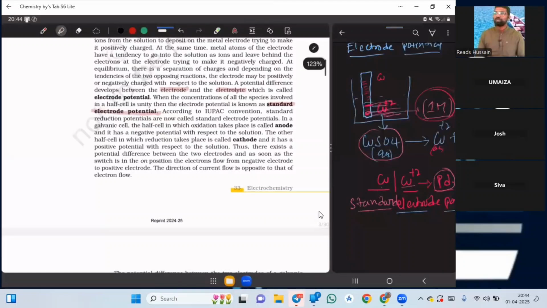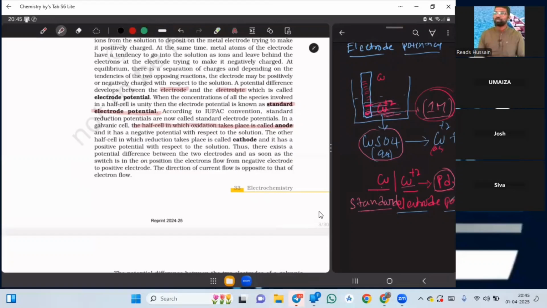Now, one more basic point, which we have already discussed. Once again, we will try to recall it. Anode, cathode. Most of the students get confused. What is anode? What is cathode? Just to make you understand, I'll take the statement given in your textbook. The half cell in which oxidation takes place is called anode.